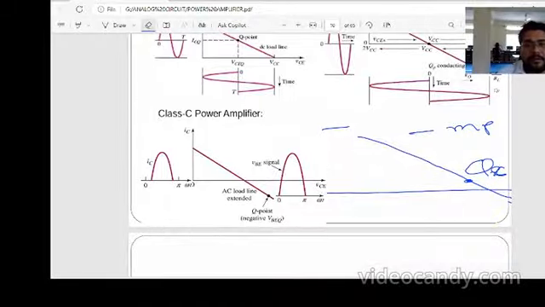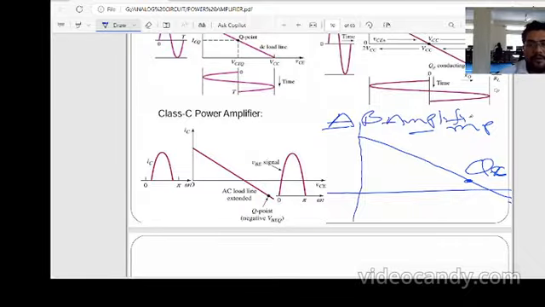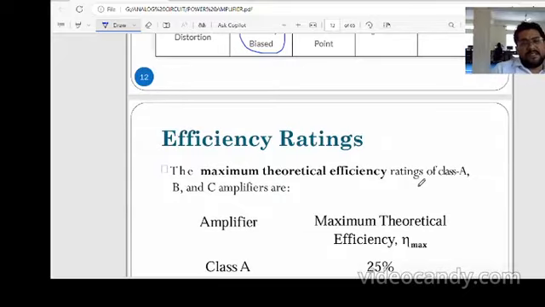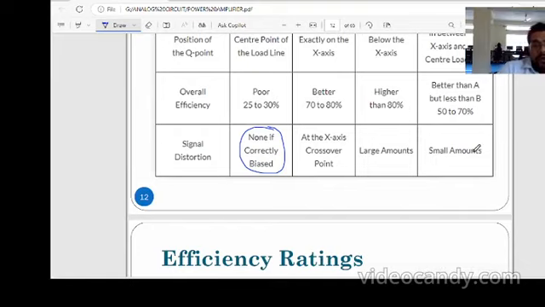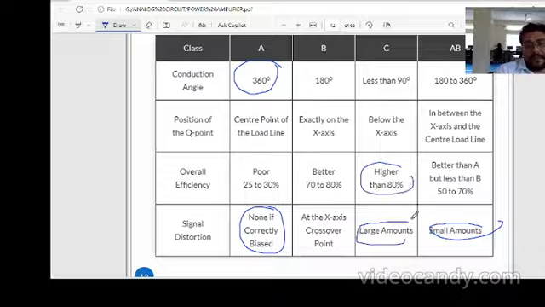When we draw this line, this is the class AB amplifier, and here there is only a small amount of distortion. In class AB the distortion is very little. In class C the efficiency is very high, more than 80%, but again there is a large amount of distortion. That's why we will not use the class C amplifier.